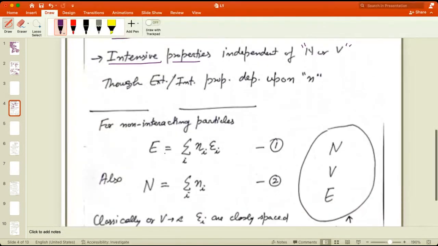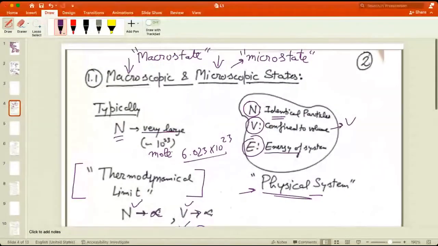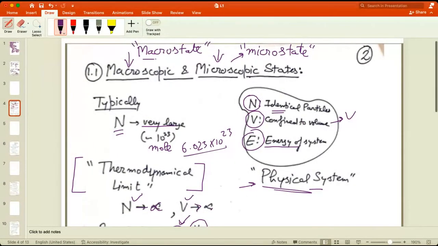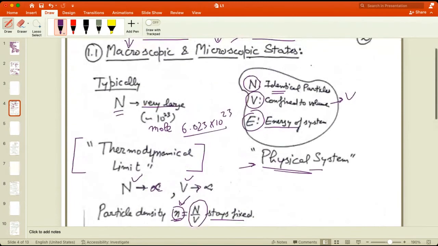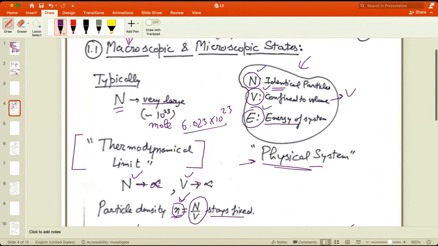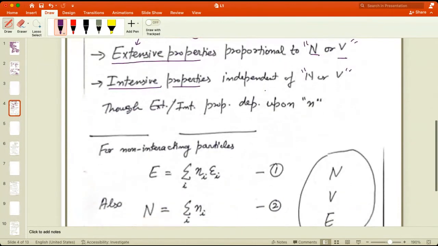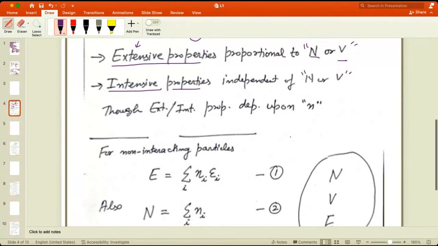Now, because I am interested in explaining these concepts to you, macrostates and microstates. Suppose I define this physical system with n number of particles having total energy E, occupying a volume V. Suppose there are different energy levels, E1, E2, E3, and so on.